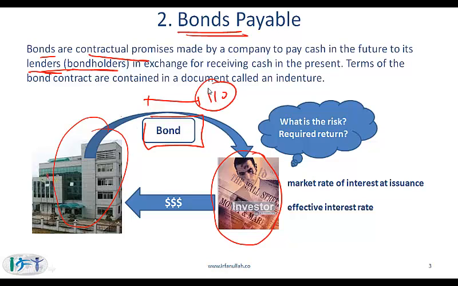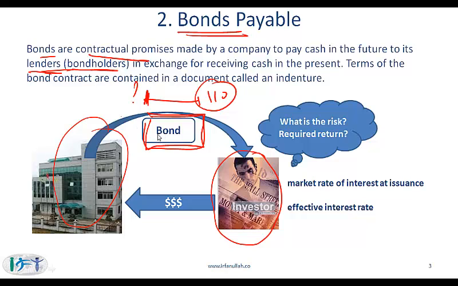Okay, so the investor knows this. Now, the question is, how much money should the investor pay the company at time 0 when the bond is being issued? To come up with that amount, the investor needs to think about how much risk he is taking by investing in this bond. And then he needs to come up with the return that he requires.